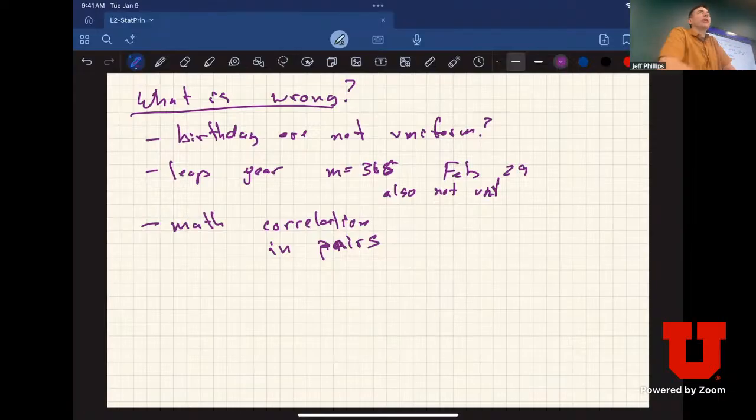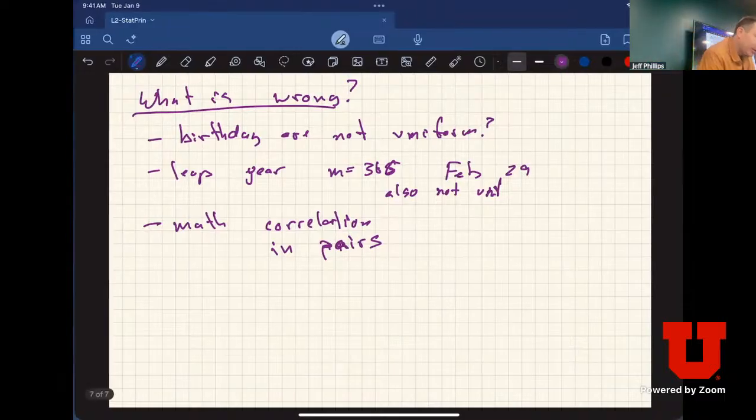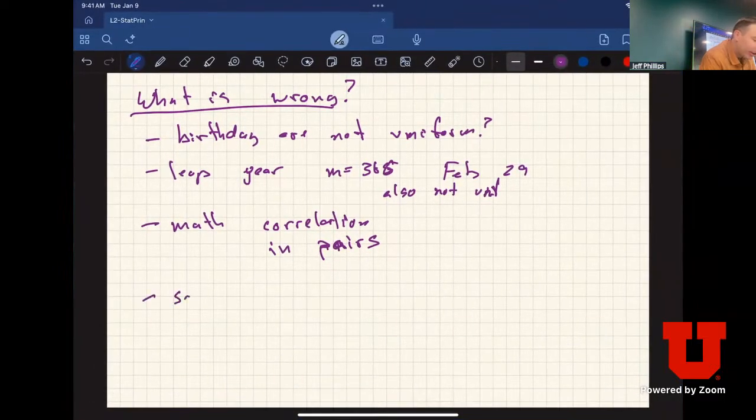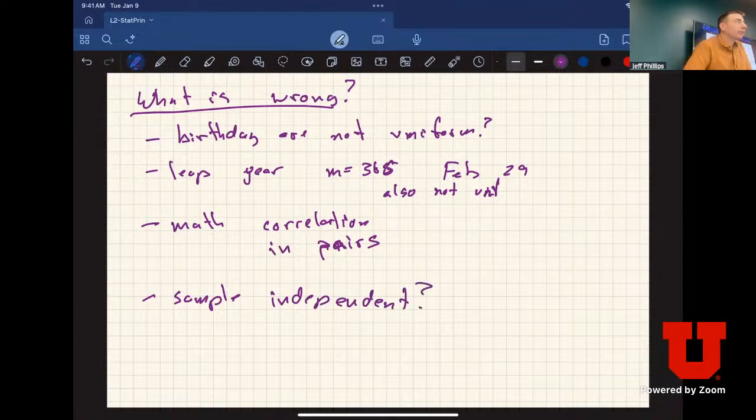Okay, other things that's wrong. Do you think our sample, here's another one, is the sample independent? So is the sample of your birthdays independent?